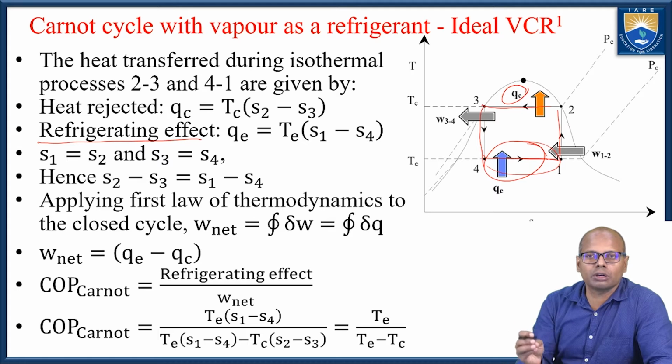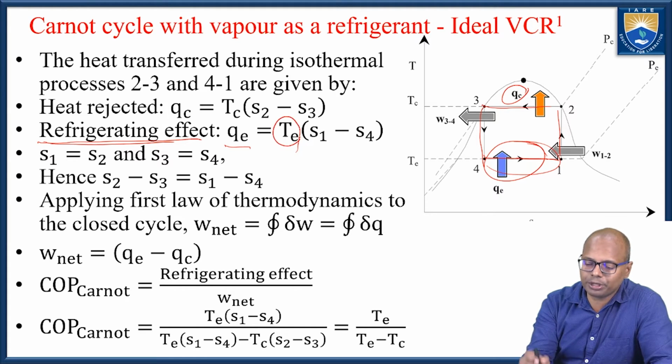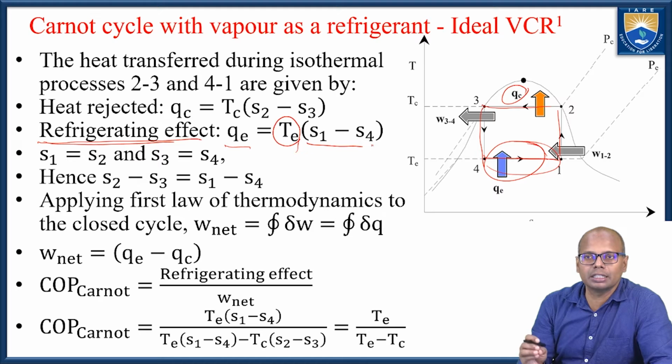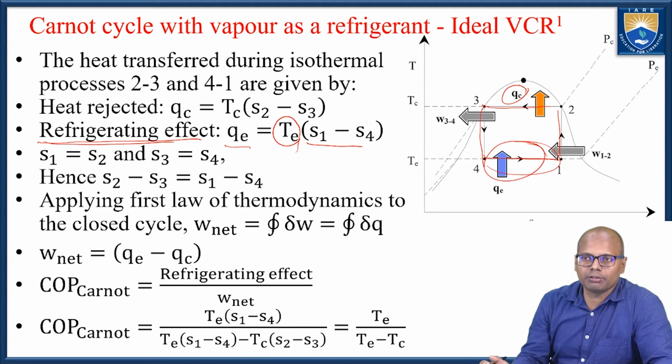The amount of heat absorbed in the evaporator is nothing but the refrigerating effect. So one way to calculate the refrigeration effect is the temperature of the evaporator times the difference in the entropies between inlet and outlet of the evaporator.